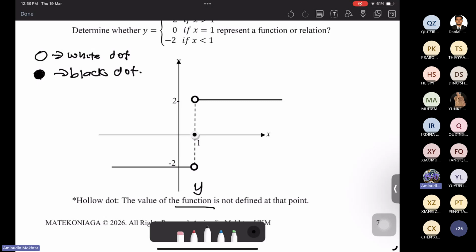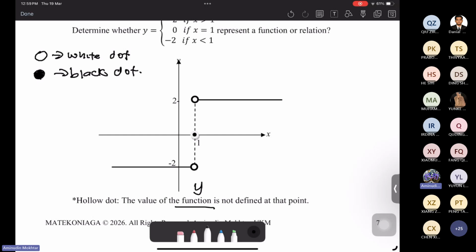The hollow dot refers to the situation where the value of function, the value of y, the value of output, the value of dependent variable, the value of range does not exist. That is not defined at that point. A black dot shows that the value of function is defined, is calculated, can be measured at that point.